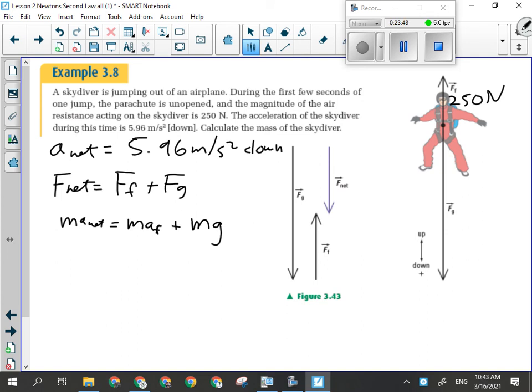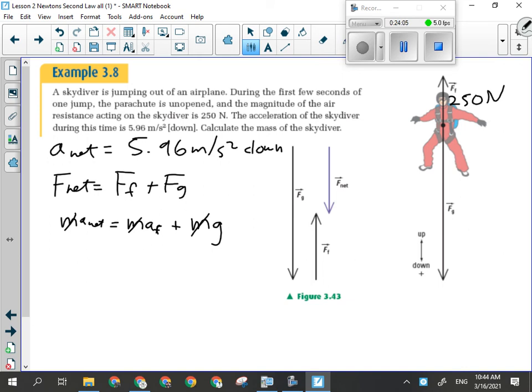That's our net force formula. We don't have mass, but it's okay. It's in every term, so I'm going to cancel it out. I know what g is. I know what the net acceleration is, so I can isolate the acceleration that friction is producing.